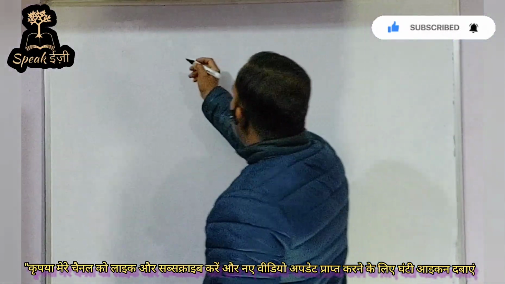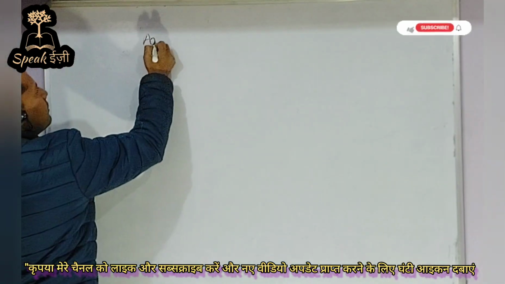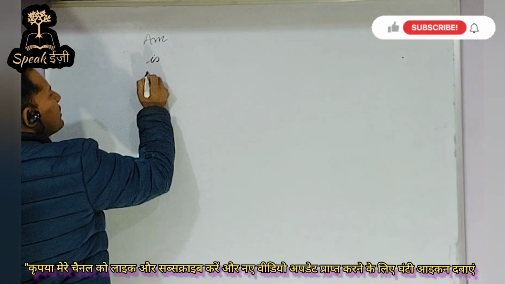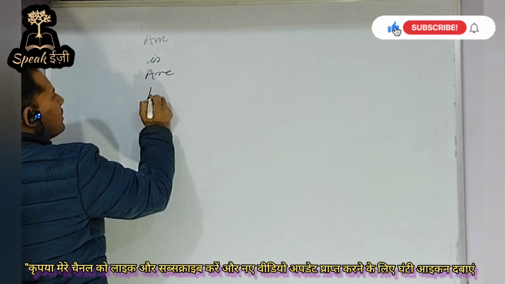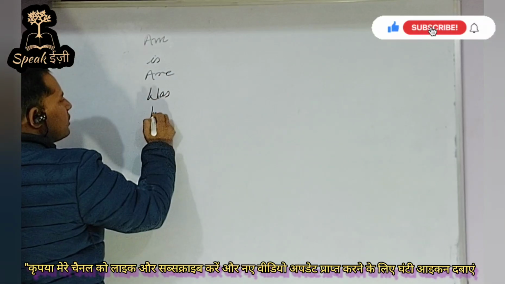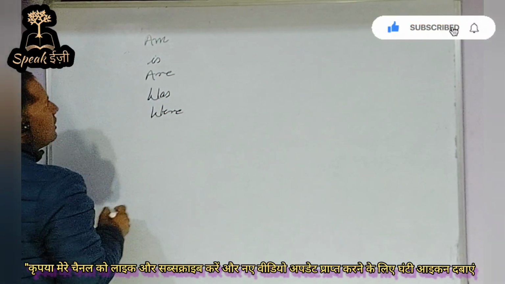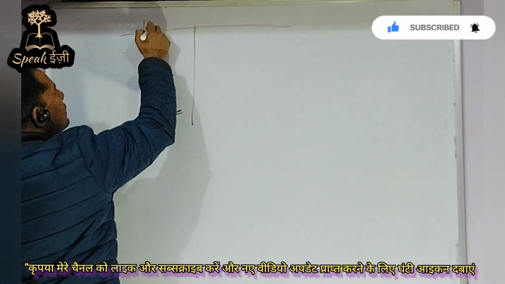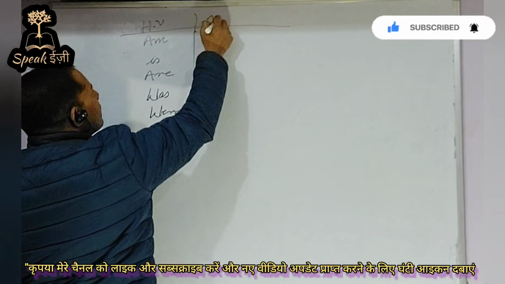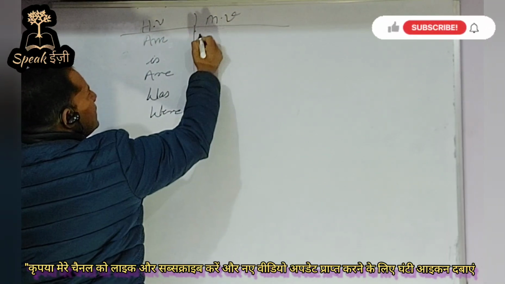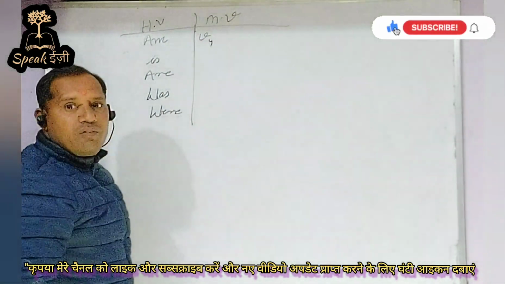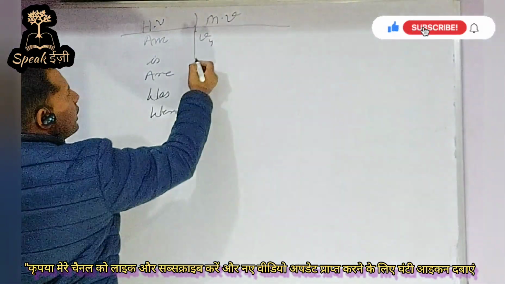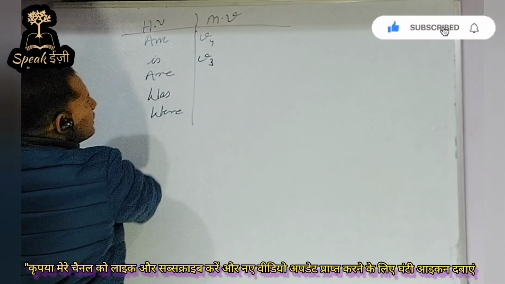If it is am, is, are, was, were, then the possibility of the main verb is either the fourth form of the verb, that is called V4, or it may be the V3.